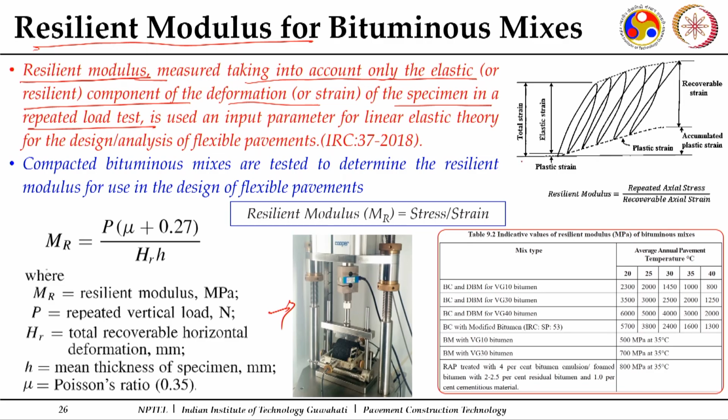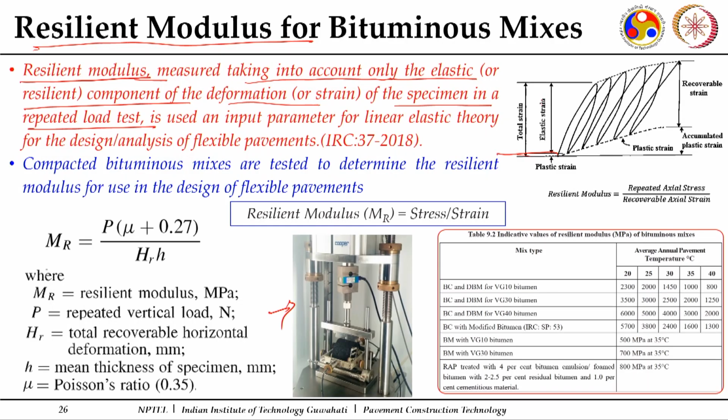You can see there is an elastic strain, and when these repeated loadings are applied, in due course of time this mix will experience a certain component of strain which is not recovered. If I load a specimen, some amount of strain and deformation will be there, and when I remove the load, this deformation gets recovered.